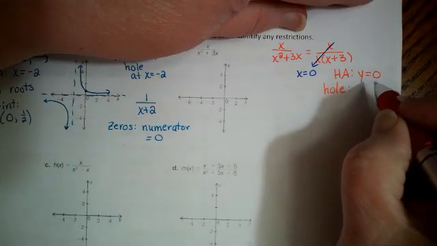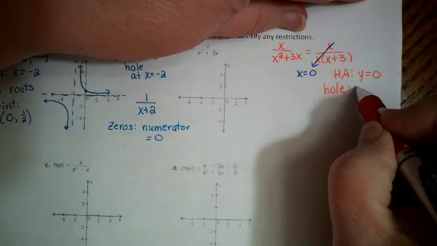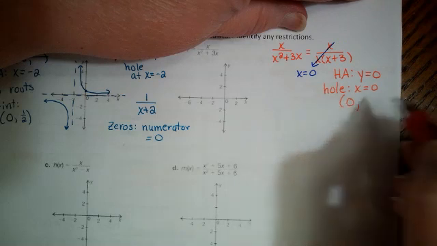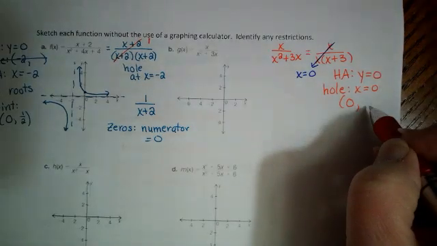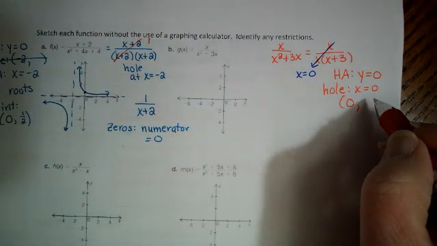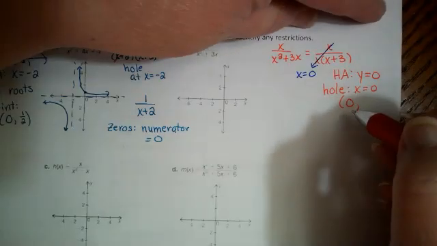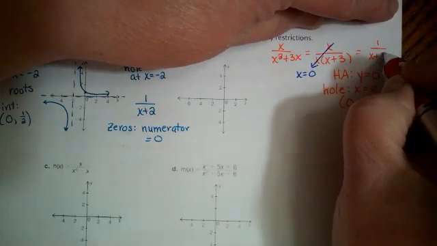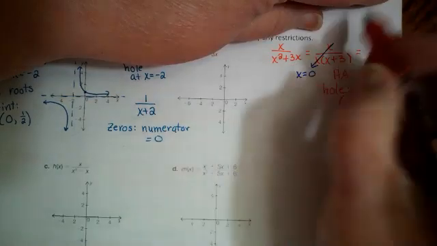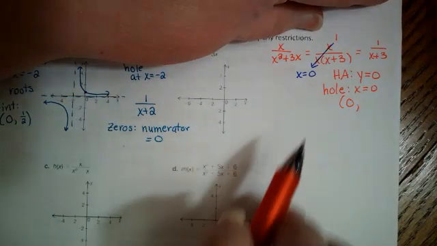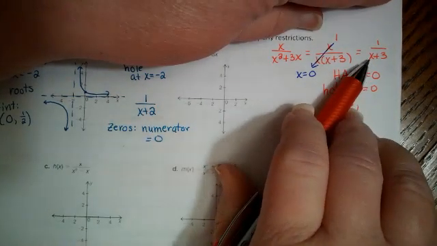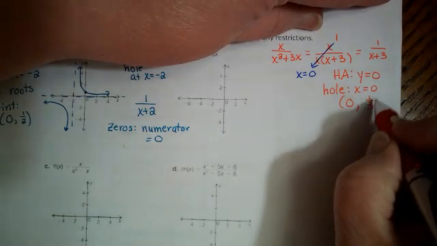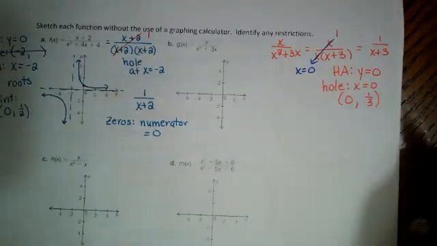Your hole is at the 0 of whatever factor you just divided out. To find the y-coordinate of my hole, I'm going to plug 0, the x-coordinate, back into what's left. Now remember, if your entire numerator cancels, leave a 1 on the top. So if I plug 0 in here, 1 over 0 plus 3 is 1/3. There's a hole at 0, 1/3.